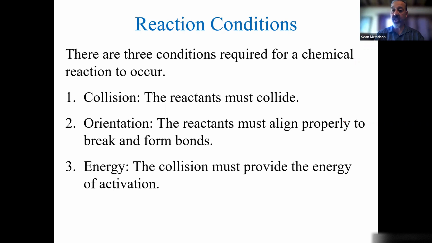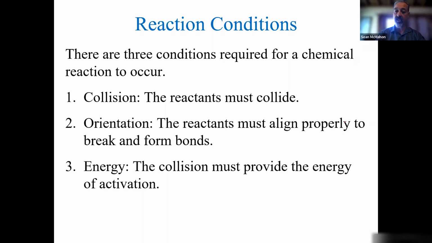And you need enough energy to break the bond. A lot of times the reactants hit each other, they collide, but they're not in the right orientation, so they just bounce off. Or they collide in the right orientation, but not with enough power, so they don't break the bonds and they just bounce off. So you need all 3.